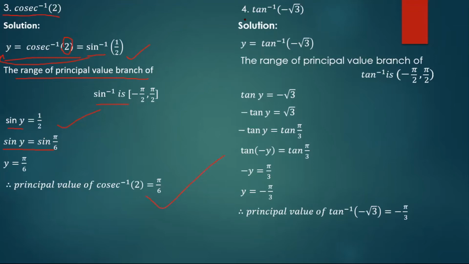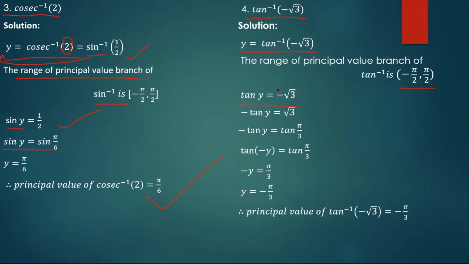Next, our fourth question: tan inverse negative root 3. Solution: let y equal to tan inverse negative root 3. Now you should know the range of the principal value branch of tan inverse. It is minus pi by 2 to pi by 2. So tan y equal to minus root 3.